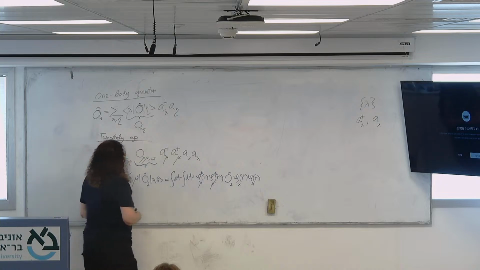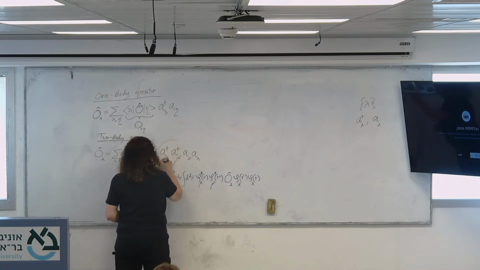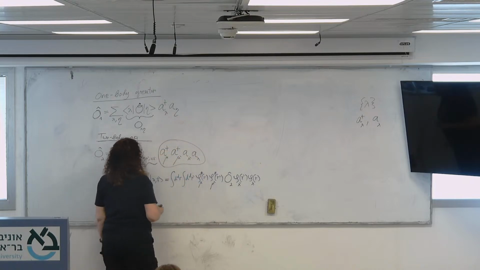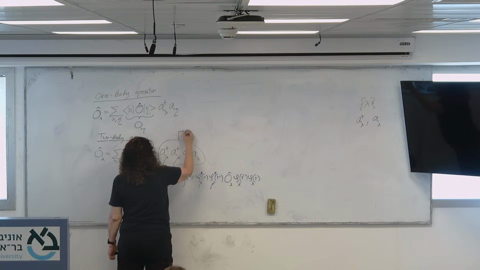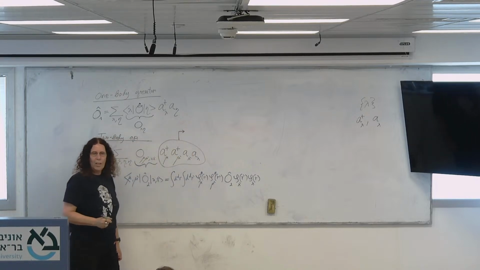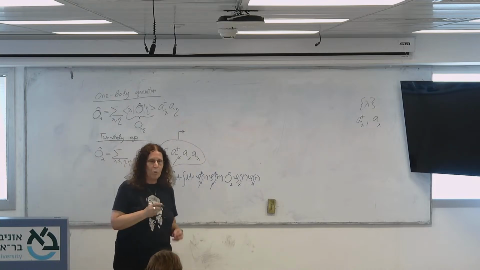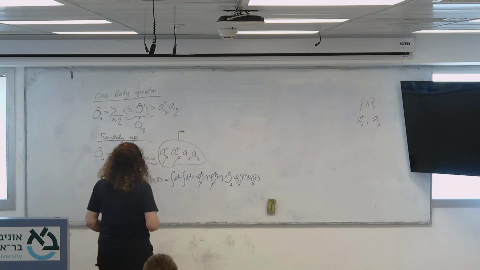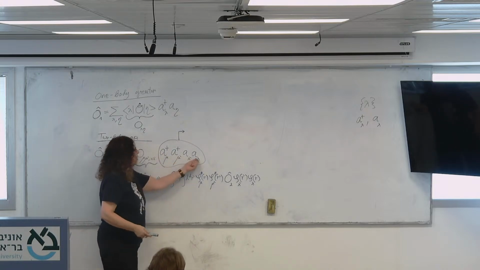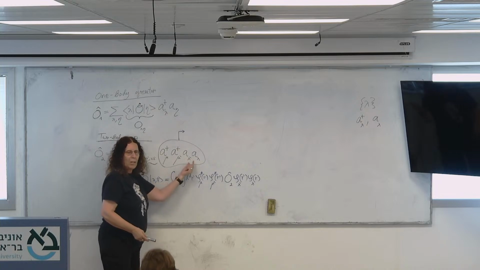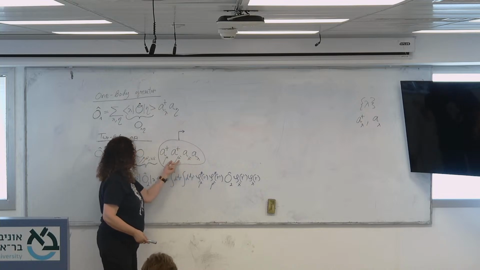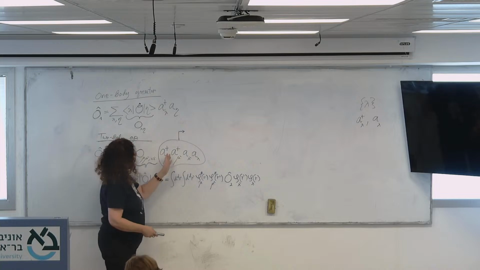And for each choice of the indices, what the process describes is something that you can draw as a simple diagram. I want you to get used today to some graphic language, because what is this process? You destroy two particles at states lambda and lambda prime and recreate them at mu and mu prime. This is in general.